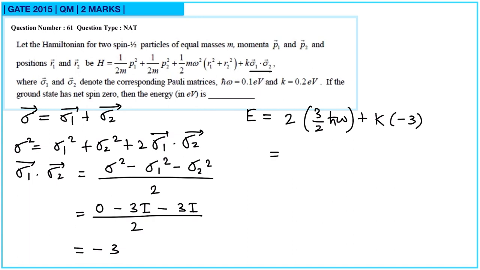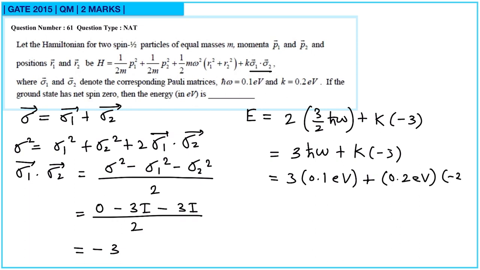So this will be equal to 3 h cut omega plus k into minus 3. So 3 into h cut omega is 0.1 electron volt, plus k is 0.2 electron volt into minus 3. So that is 0.3 minus 0.6, so minus 0.3 electron volt. So the answer is 0.3. So these were all the questions from the GATE 2015 paper.